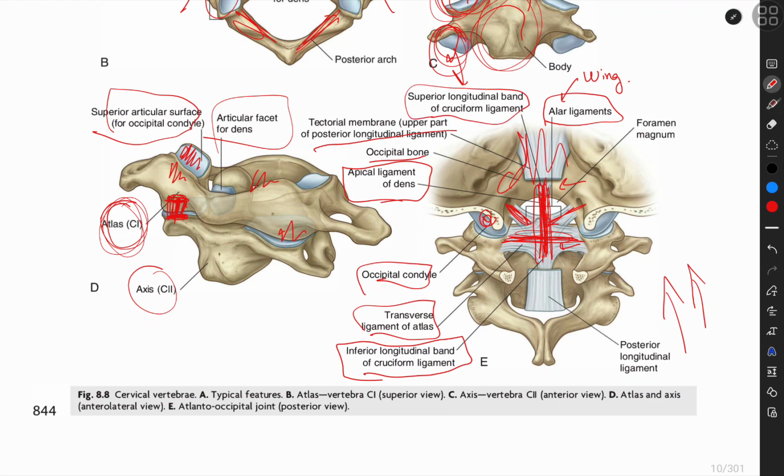Superior longitudinal bands of cruciform ligament, inferior longitudinal band of cruciform ligament, and then at the top are the posterior longitudinal bands, and these are all the ligaments in the formation of the occipital, C1 and C2 articulation.